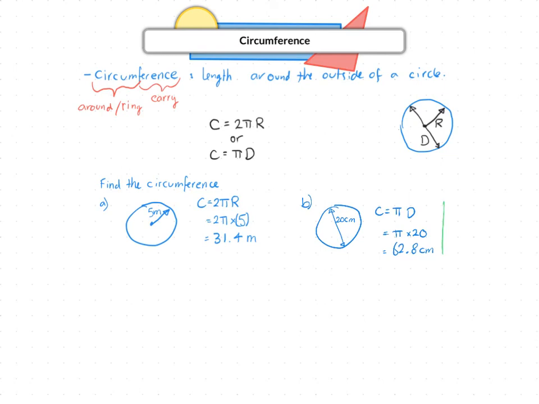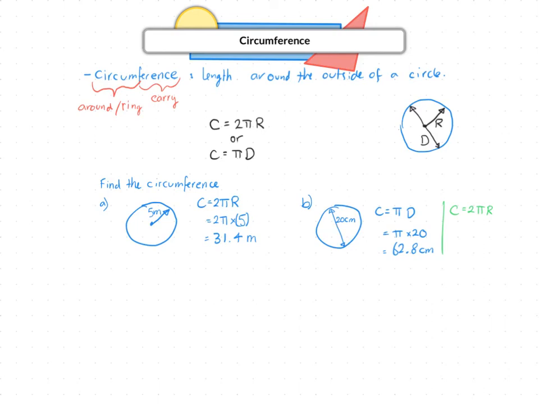What if we do it the other way? So circumference equals 2 pi r. Well, what is the radius of this circle? Well, if it's 20 from edge to edge, how far is it from the center to the edge? Well, it should be exactly half, right? So the radius of this circle is going to be half of 20, which would be 10.